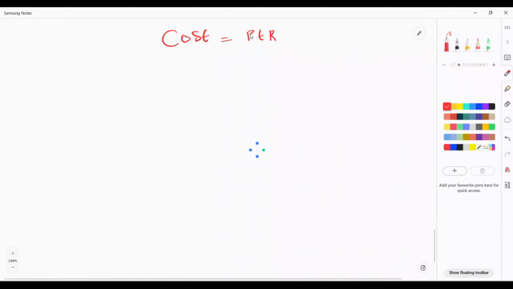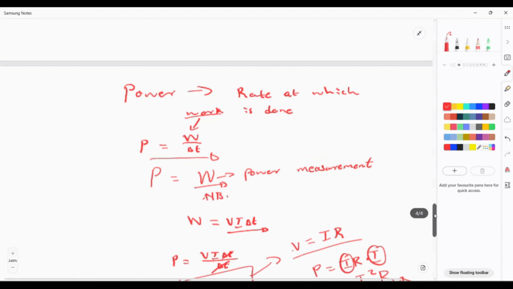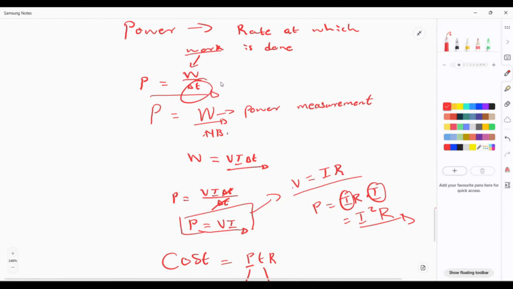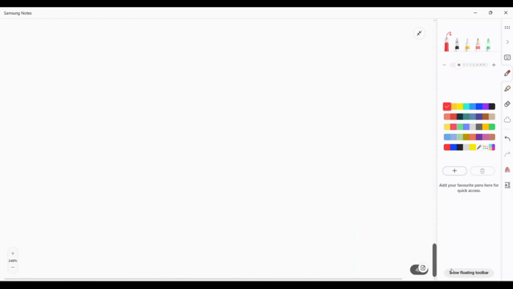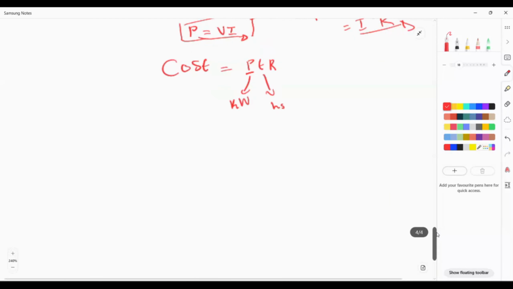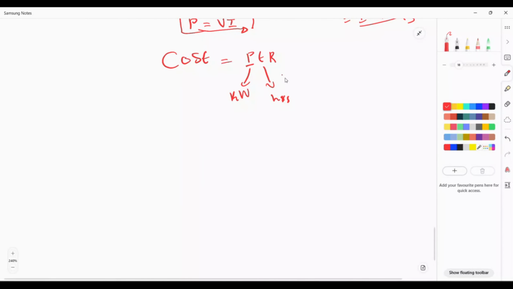Here, P is the same power that we discussed above. Here it is power in kilowatts. And this one, T, is our time, measured in hours. So for power, time is measured in seconds, but for the cost of electricity, time is measured in hours.